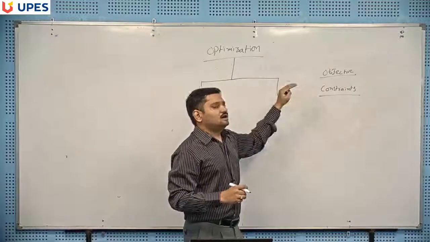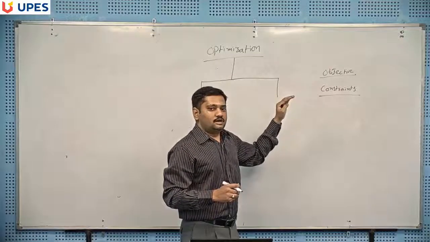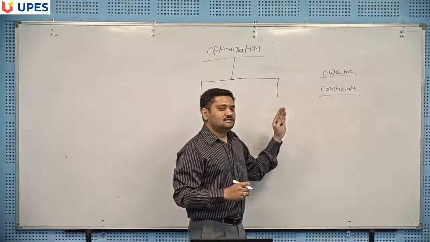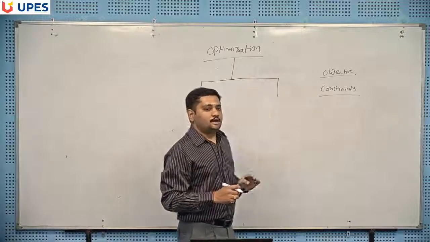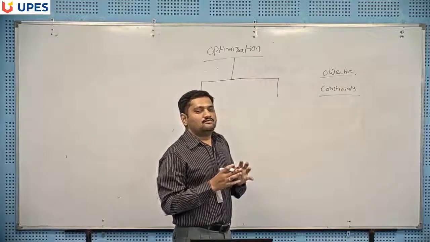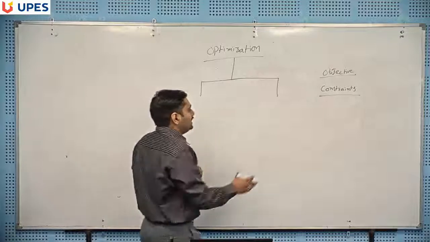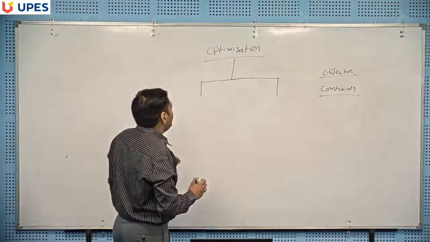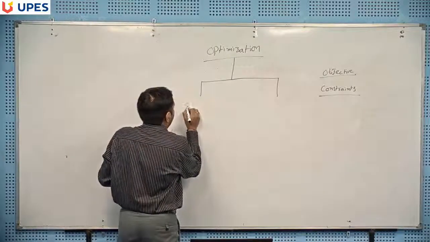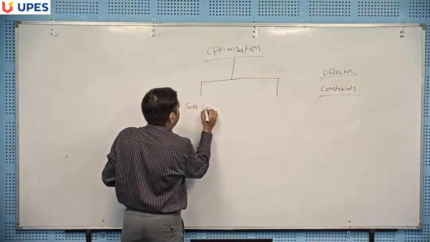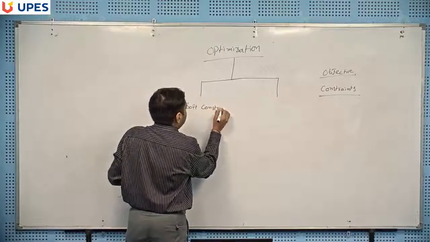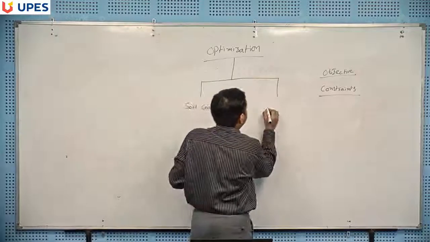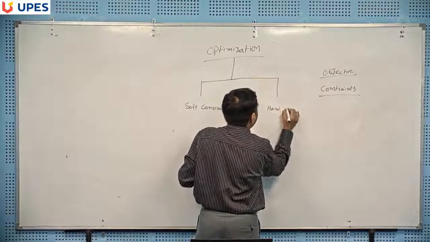The constraints are nothing but the rules and regulations of that particular problem, or the conditions which are applicable over that problem to obtain a solution. So based on the constraints applicable over an optimization problem, we can classify optimization problems into two categories: soft constraint problems, and second, hard constraint problems.